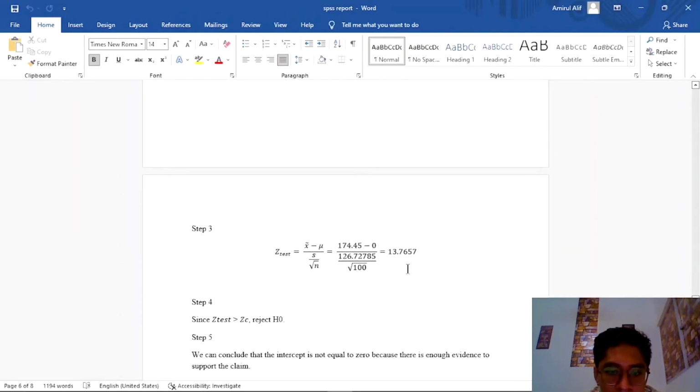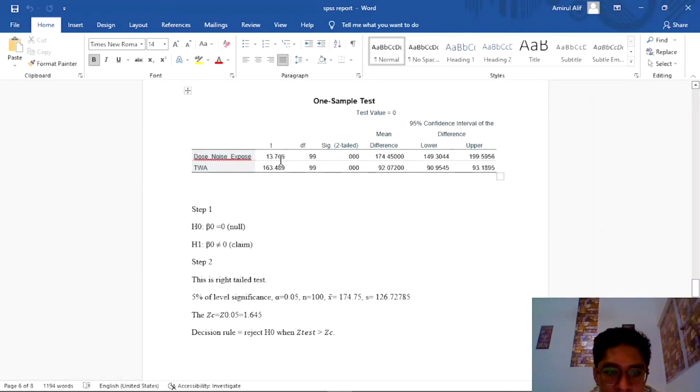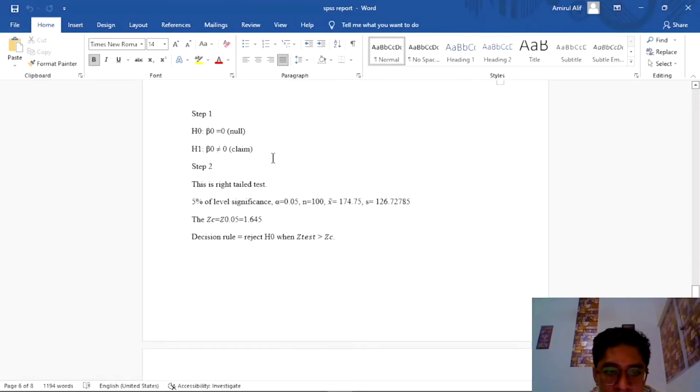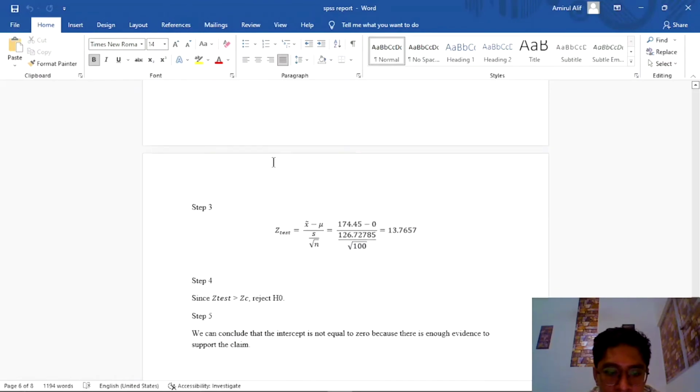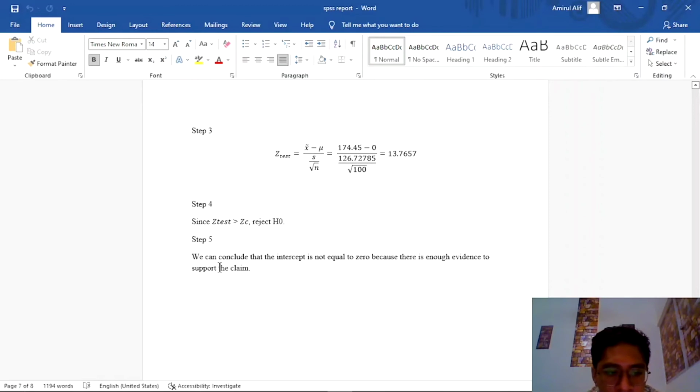We get 13.7657 and in the SPSS we get the same. Since Z test is more than Z critical, we reject the null hypothesis. We can conclude that the intercept is not equal to 0 because there is enough evidence to support the claim.